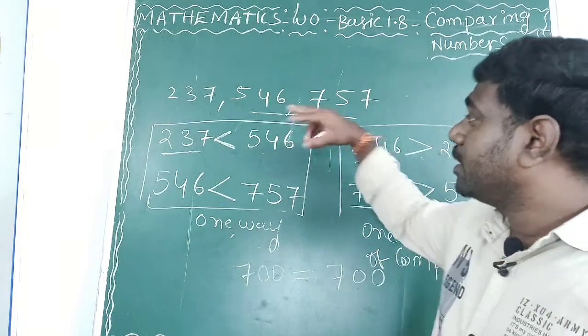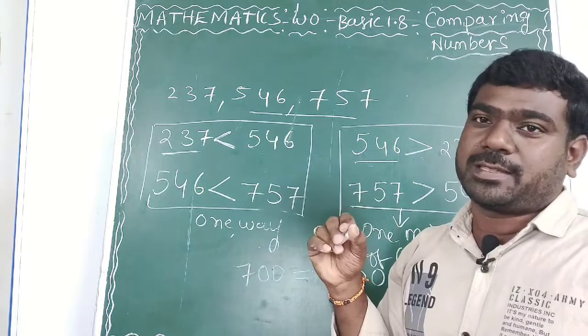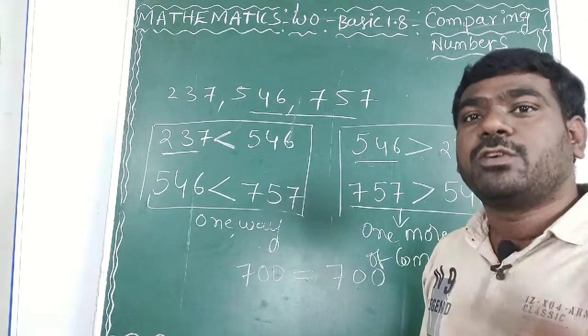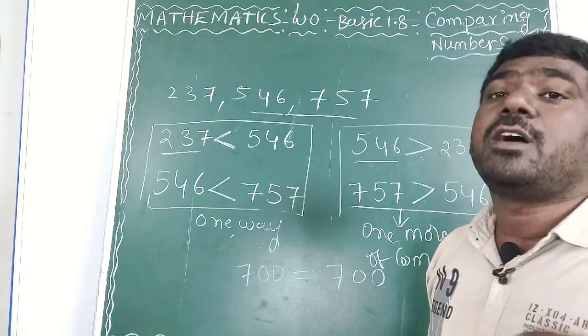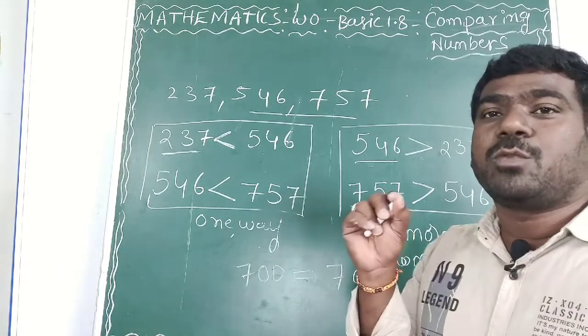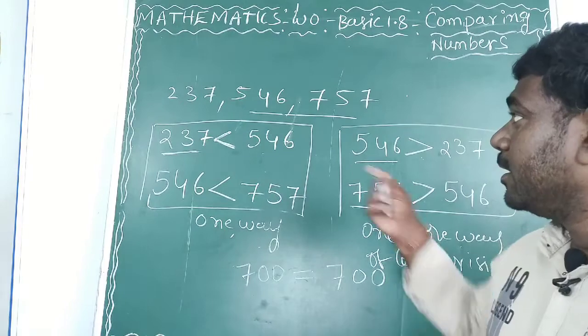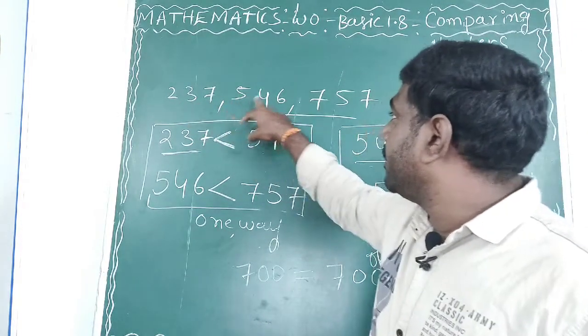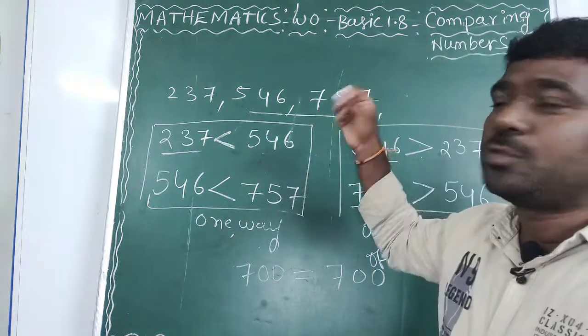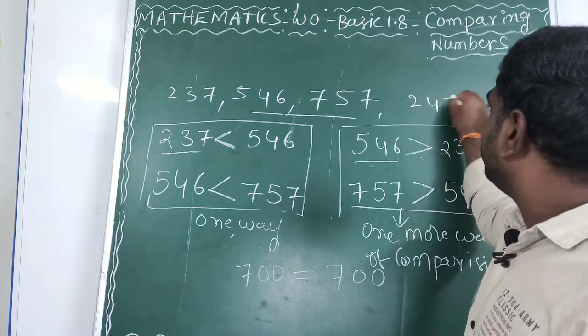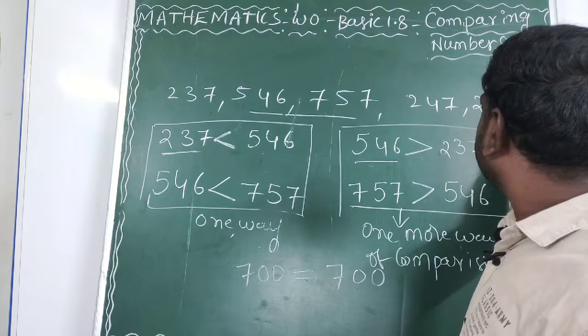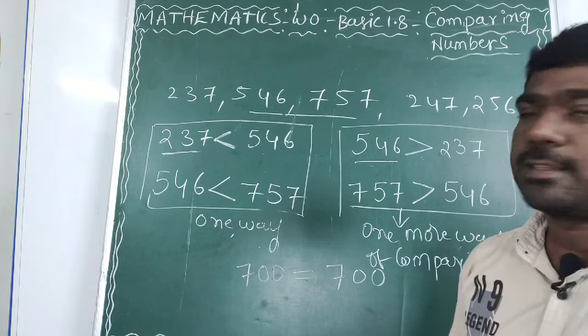Okay. Suppose these are not only two numbers. Suppose 3, 4, 5, 6 numbers. Then how to compare? That is the most important task for the children. Okay. Now here 237, 546. I will take two more numbers. 247, 256.